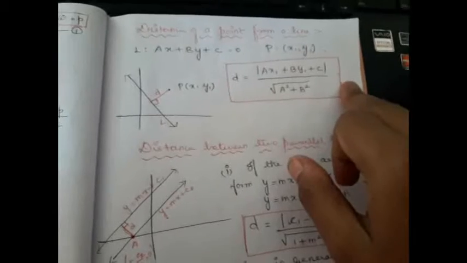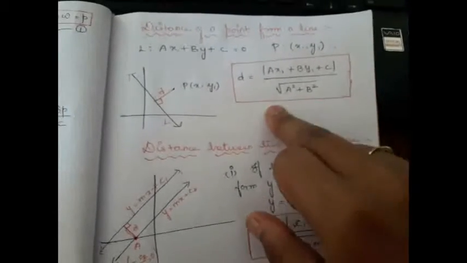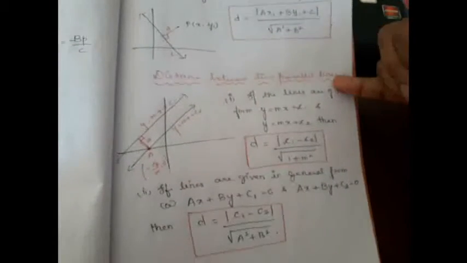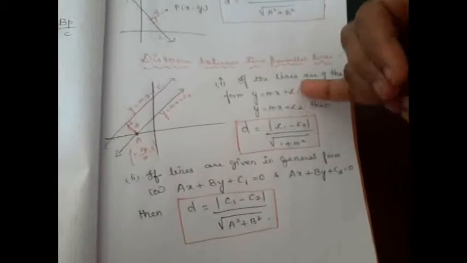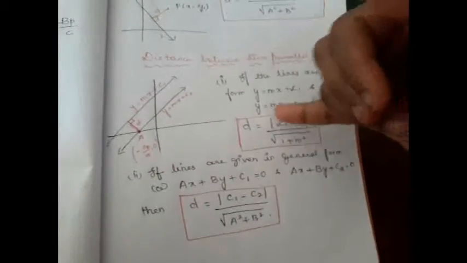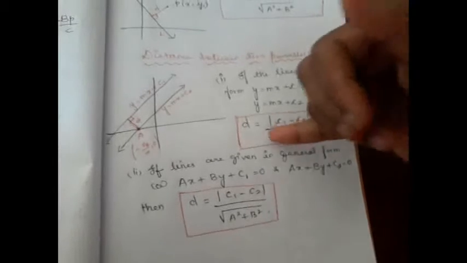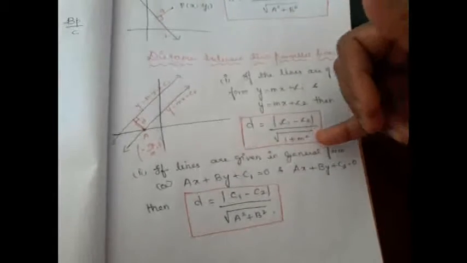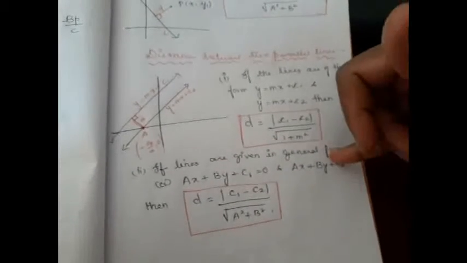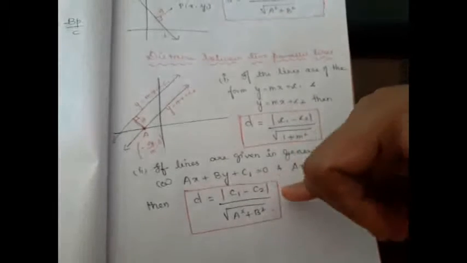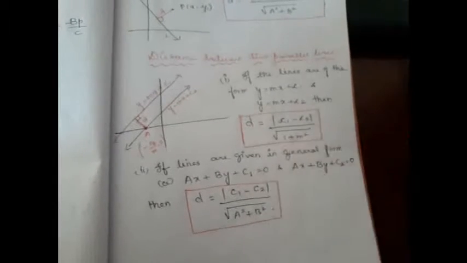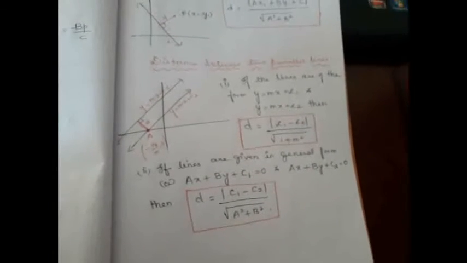Then we have learnt how to find the distance of a point from a line, which is d equals modulus of ax1 plus by1 plus c divided by square root of a square plus b square, and the distance between two parallel lines. If it is in slope-intercept form, then d is modulus of c1 minus c2 divided by square root of 1 plus m square, and if it is in the general form, then d is modulus of c1 minus c2 divided by square root of a square plus b square.